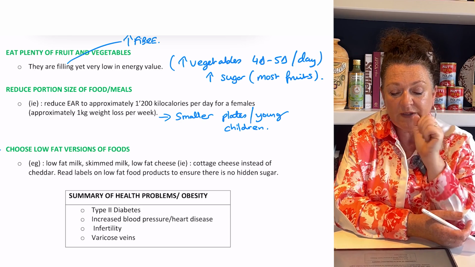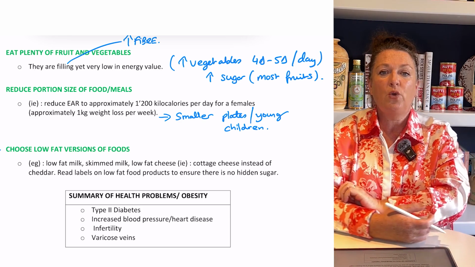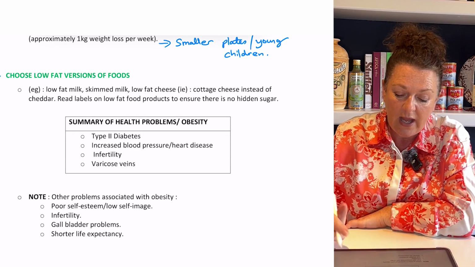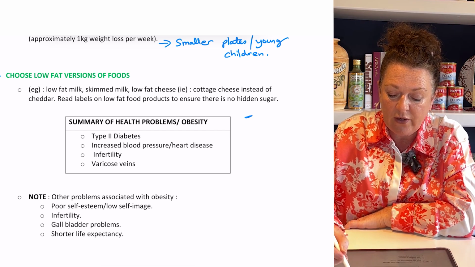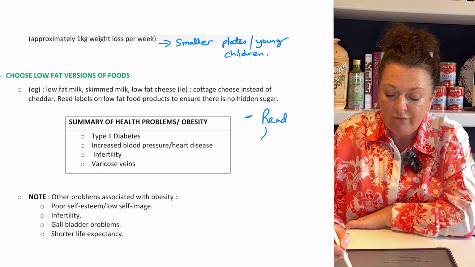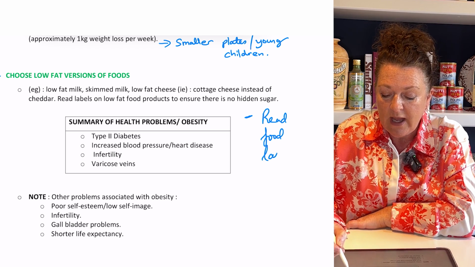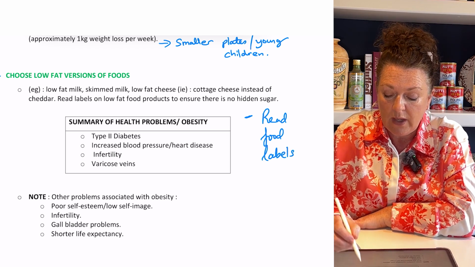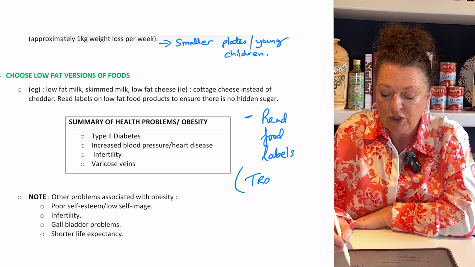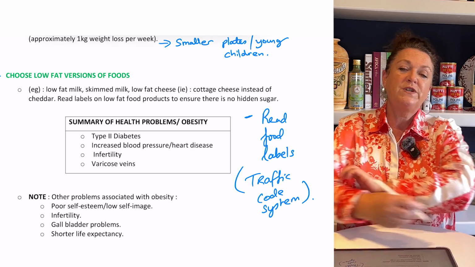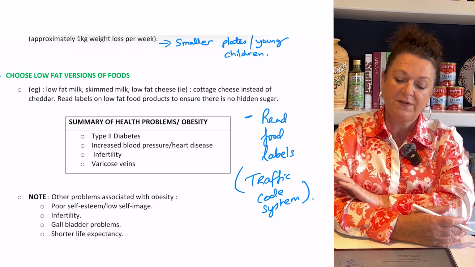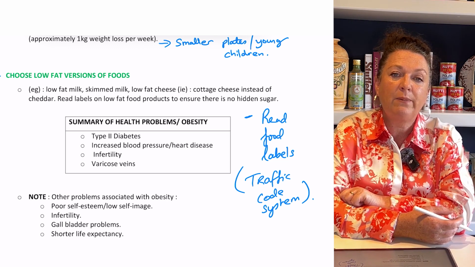So it's important that we read the kilocalorie labels. So I'm going to put beside that another point there, read food labels. And just for now, I'm just going to write the words traffic code system, which we'll talk about in more detail in a chapter called Food Processing, Packaging and Labelling.